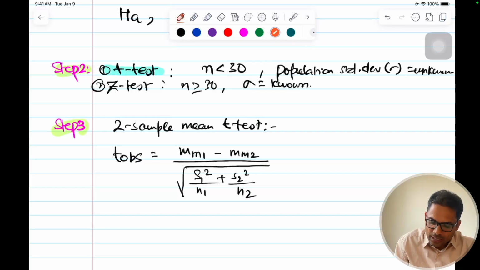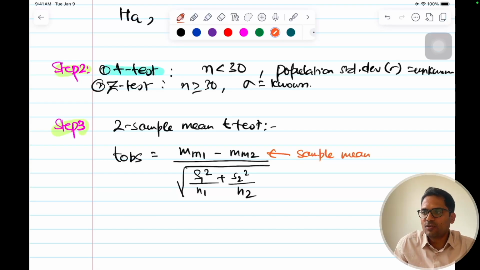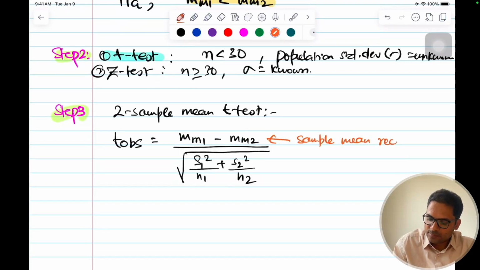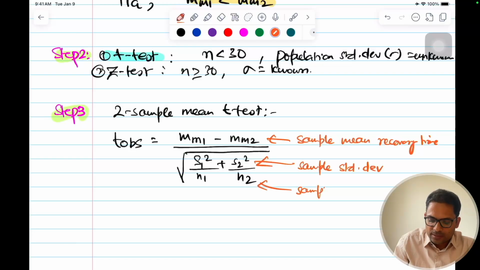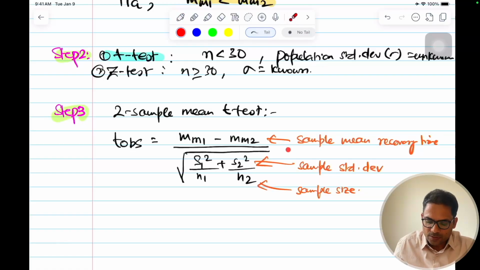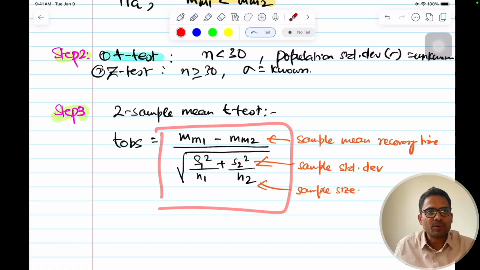Here, m1 and m2 are the sample means, for example the mean recovery time, s is the sample standard deviation, and n1 is the sample size. So this is how you do a two sample mean test.